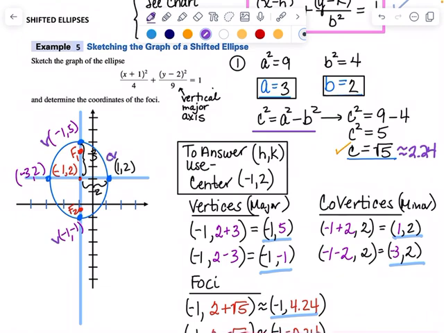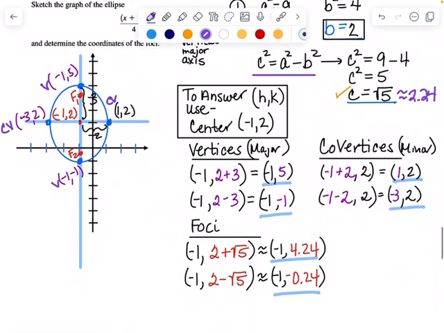Starting from the center, I go over, now see the B value is 2, so I go over 2 units and I get to 1, 2, and then I go back to the center, go to the left for the co-vertice, -3, 2 is that point. And I just plugged what I have in here, and here are the answers. So you have to think, where's the center? I have to add and subtract the A's and the B's and the C's, okay? So there you have it on that one.